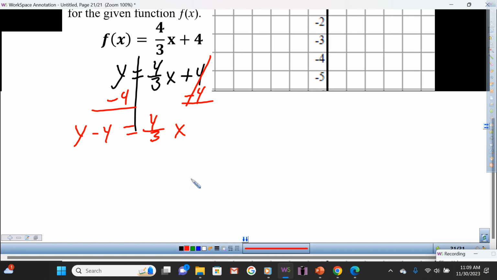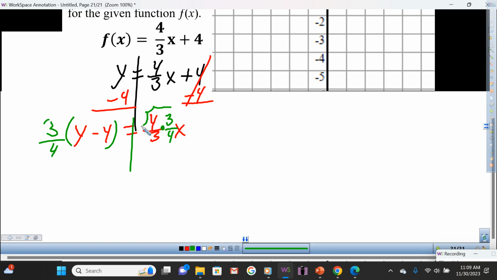Pass someone? Anthony E. Oh, D. Okay, Anthony D. My bad. Oh, he did go already. All right, so let's pass it to Anthony E. What do I do next? So we need to get rid of 4/3 by multiplying 3/4 to both sides. 3/4 both sides.